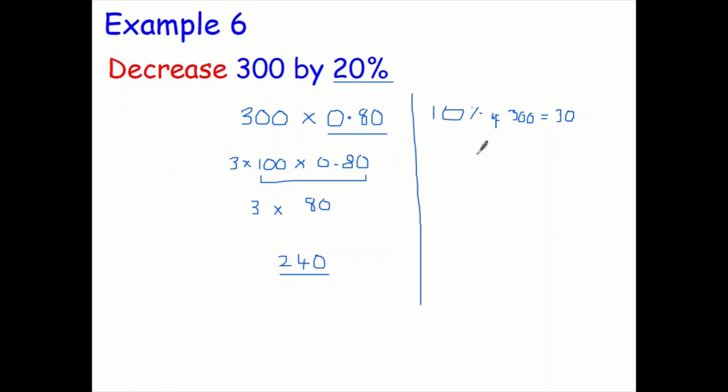Double that to get to 20%, which is 60, and then you can subtract from your original amount. So 300 take away 60 leaves you with 240, which is the answer we've got on the left. So that is two non-calculator methods for doing a percentage decrease.